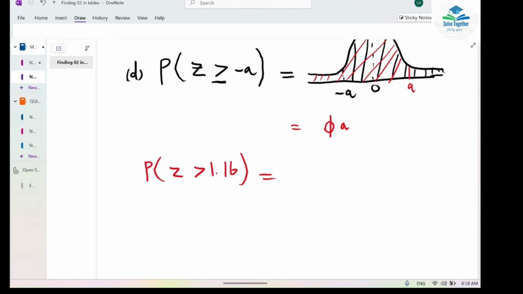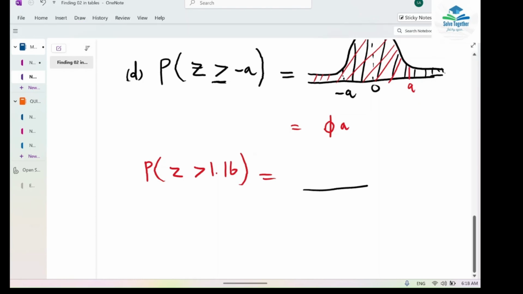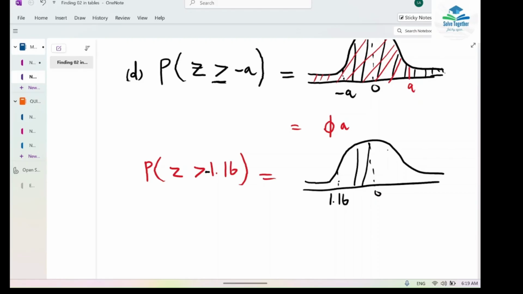So this will be equal to, let me just go to black, let me just put a negative sign there. So our minus 1.16 is here, and we want the greater region, which is this region.